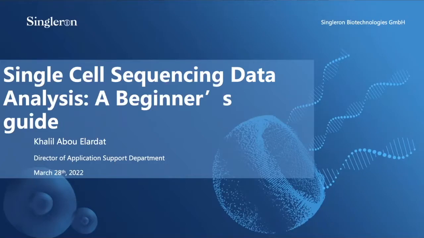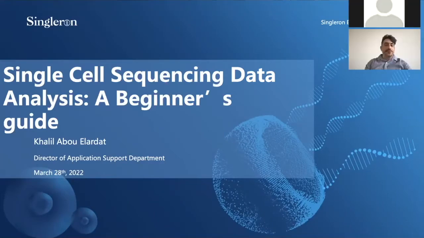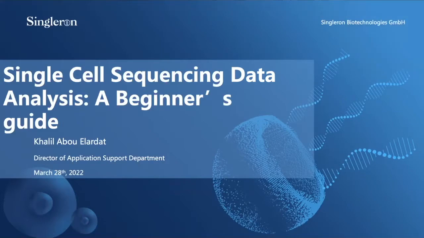And the second thing I want to point out is that we are going to go through the data analysis, but only up to generating the count matrix, due to time restrictions. Going beyond that is going to take us a lot of time. It is interesting. So if you are dealing with single cell sequencing, you want to see these beautiful graphs, or what's supposed to be done with the count matrix, I suggest you follow some of the training.